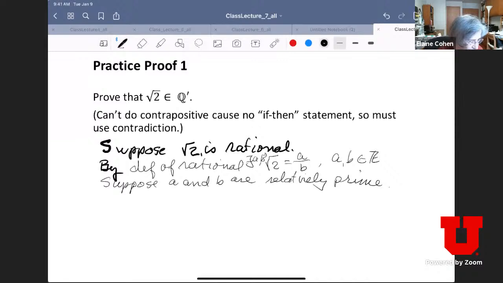So what's the next step? Well, the next step says that then a is equal to b times the square root of 2, or a squared is equal to 2b squared. Now, can you remember the problem we did Tuesday?